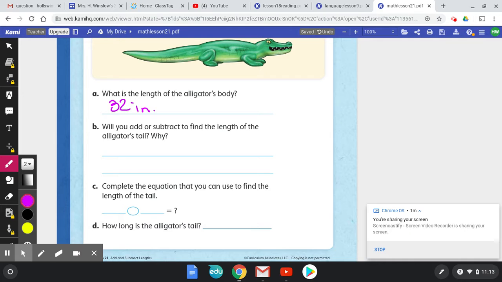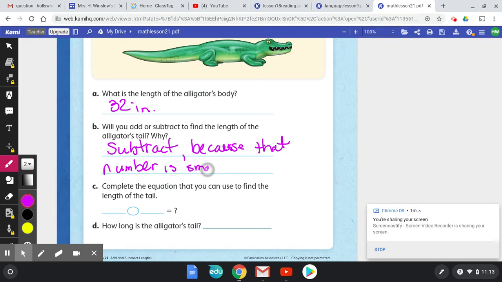I'm going to subtract to find the length, because that number is smaller. Okay? So complete the equation that you can use to find the length of the tail.